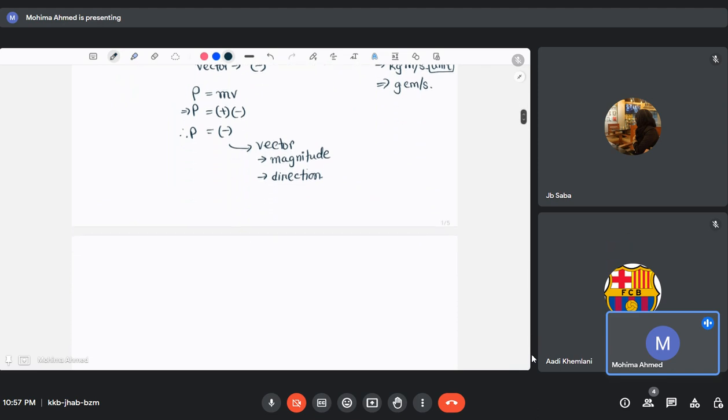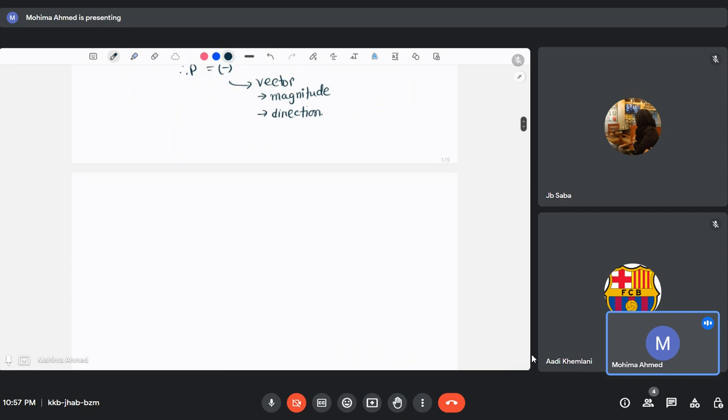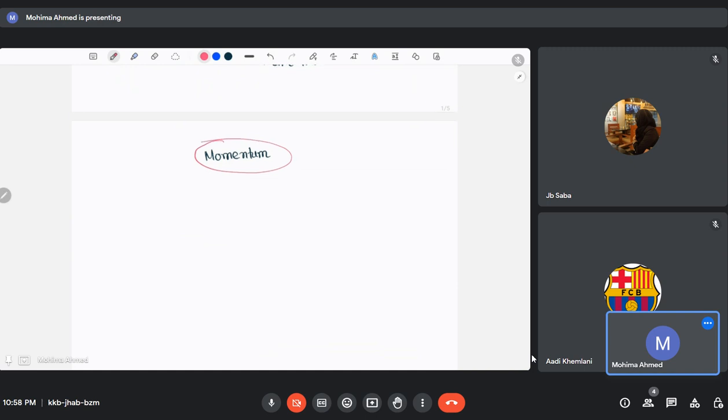Now let's list down what types of momentum we are going to consider in our A2. Momentum has types of objects, like how many objects we are going to work with, and types of directions.